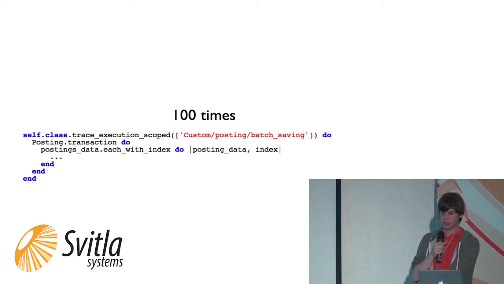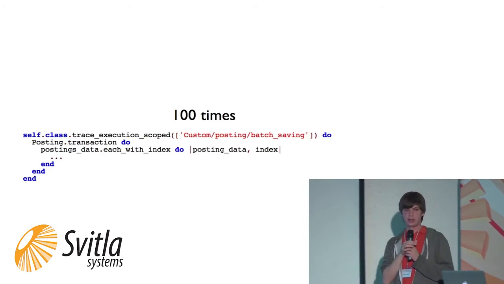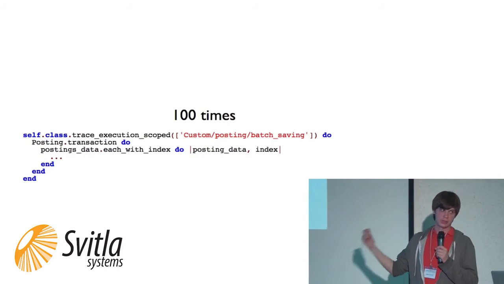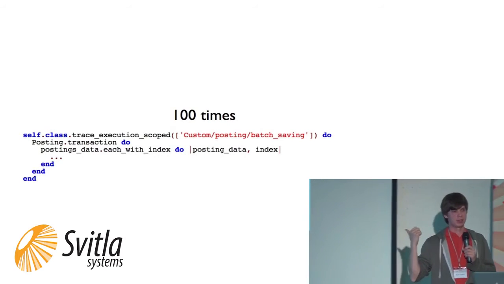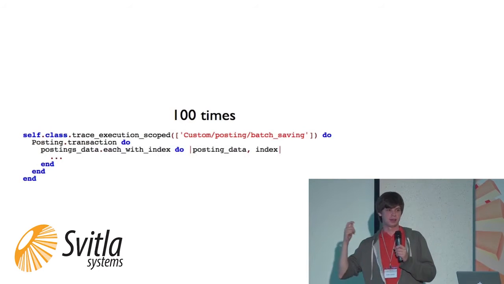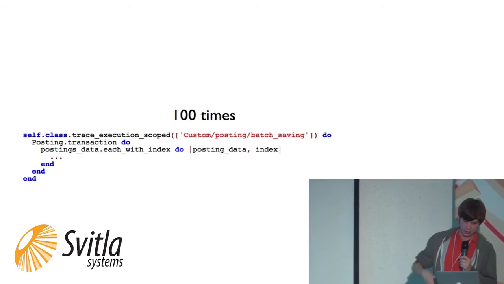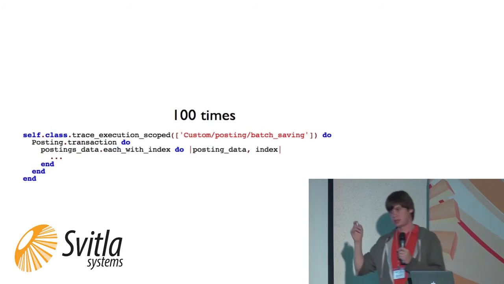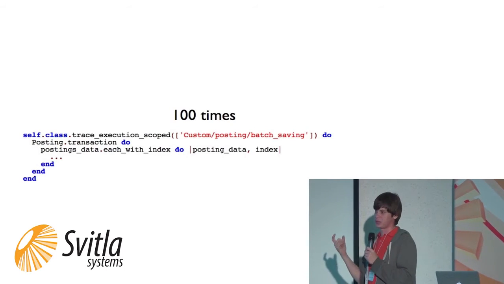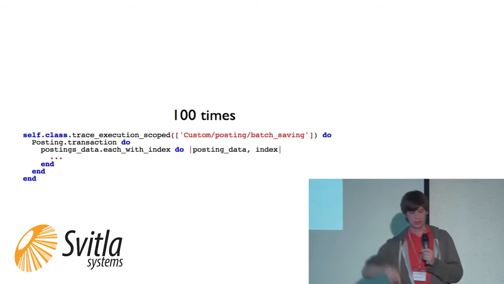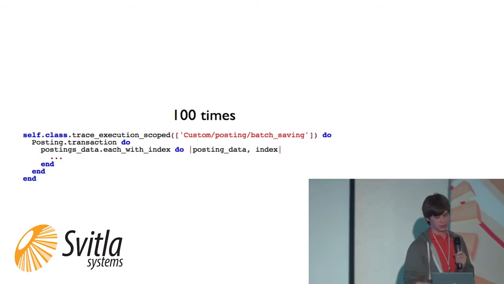But what about New Relic? For each object that comes to your application, this block is called 100 times. So 100 times the trace execution scope is called, and the block is passed there, and the block is executed, and then it returns, and so on.